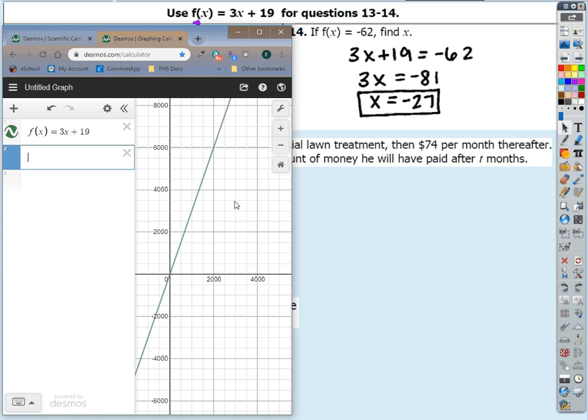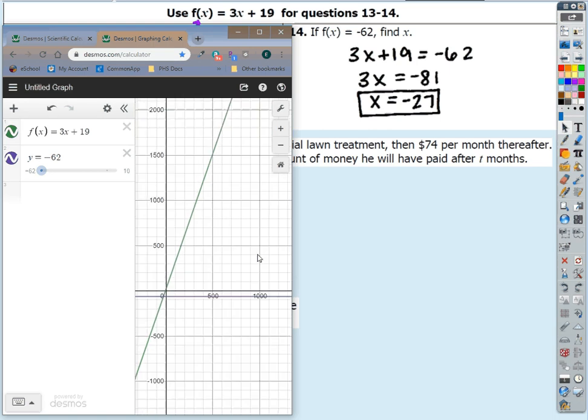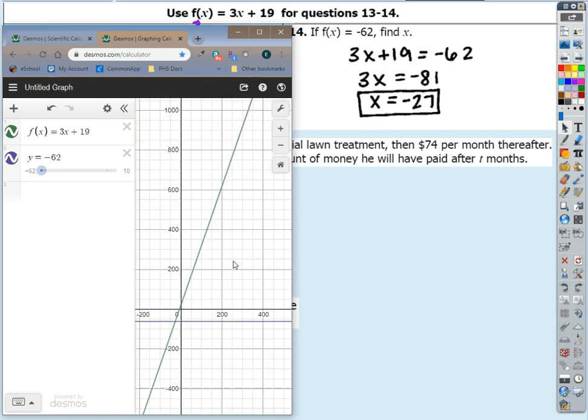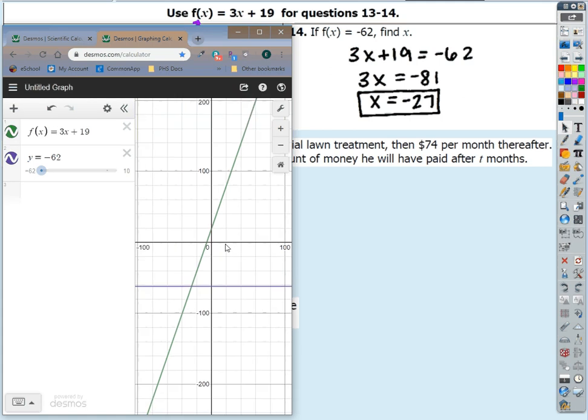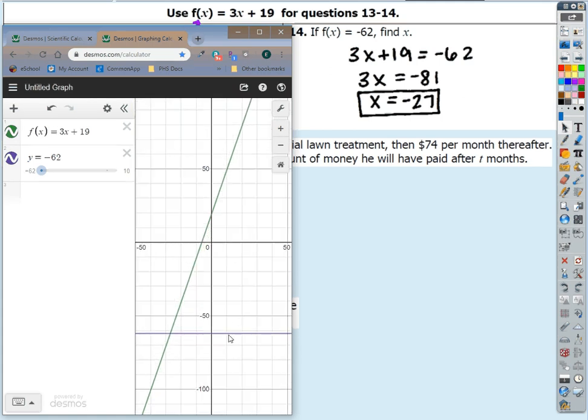Right, so if I graph y equals negative 62, look what I get. If I zoom in a whole bunch, I get something like that. Now I get this horizontal line. That's what that is though, isn't it?